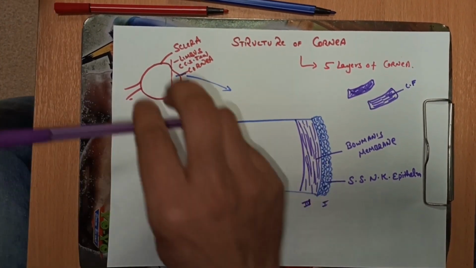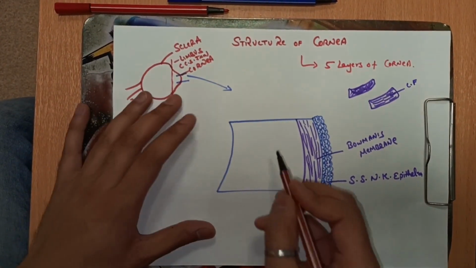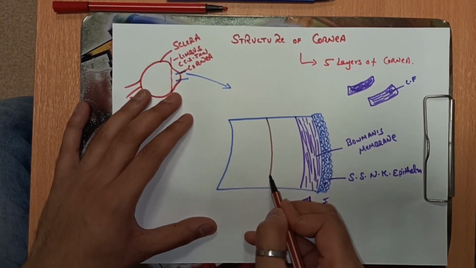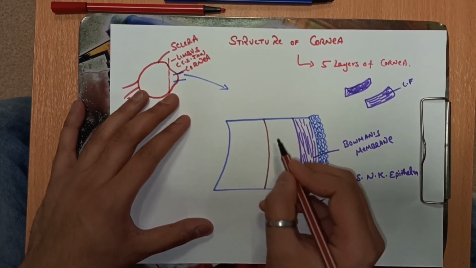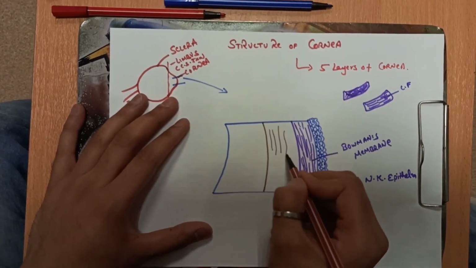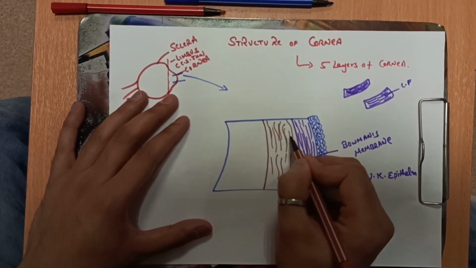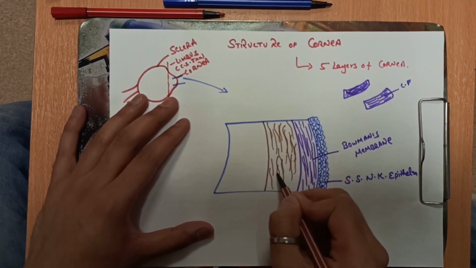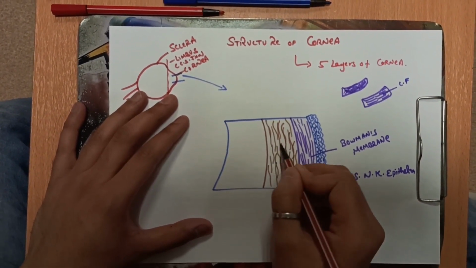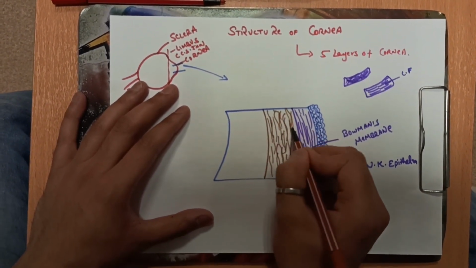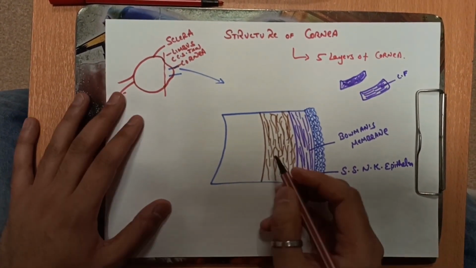Now coming on to the third and one of the most important layers. This part is called the stromal layer. This stromal layer consists of small cells. Right now I am only making the diagram.